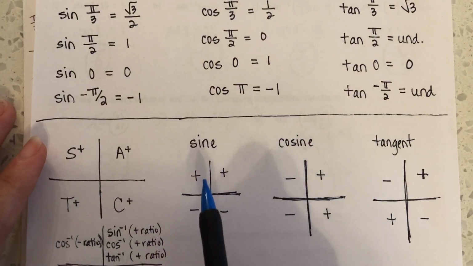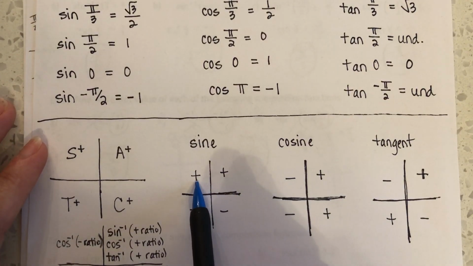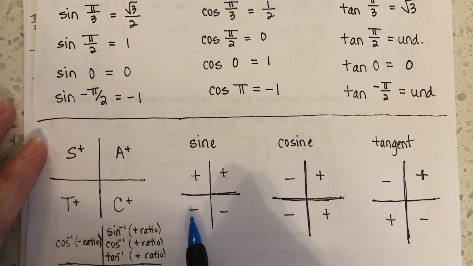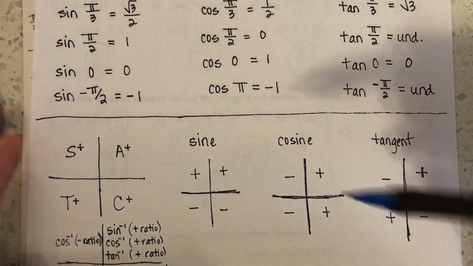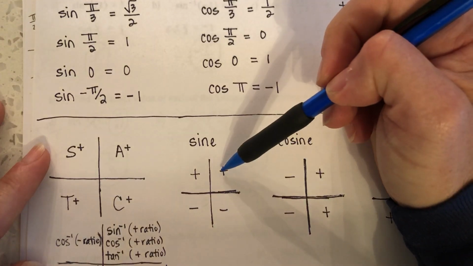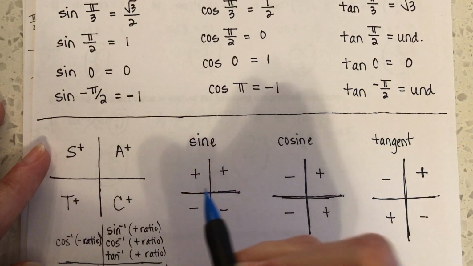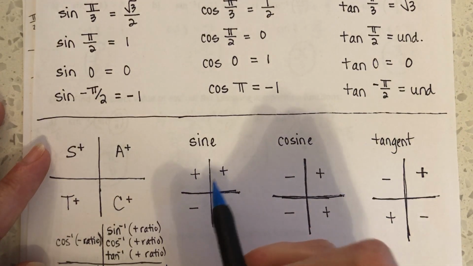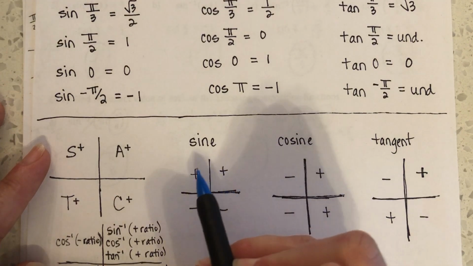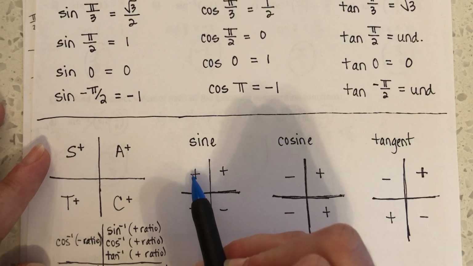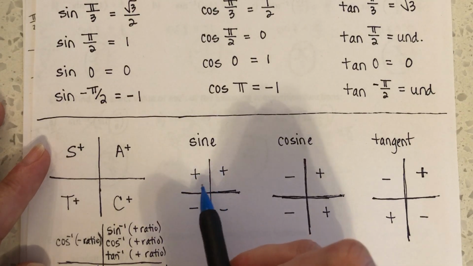So this is where that cheat chart comes in handy, right? The sine gets you positive ratios in quadrant 1 and quadrant 2, and it gets you negative ratios in quadrant 3 and quadrant 4. So right now, we can only find answers here and here according to the inverse, right? So that means that the sine of an angle in this quadrant and the sine of an angle in this quadrant that had the same reference angle as this one, they have the same ratio.